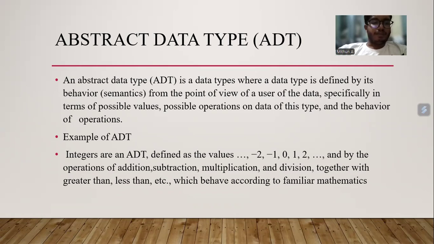For example, for the ADT, we define values like -2, -1, 0, 1, 2, and operations of addition, subtraction, multiplication, division, together with greater than, less than, which are all comparison operators, which behave according to familiar mathematics.